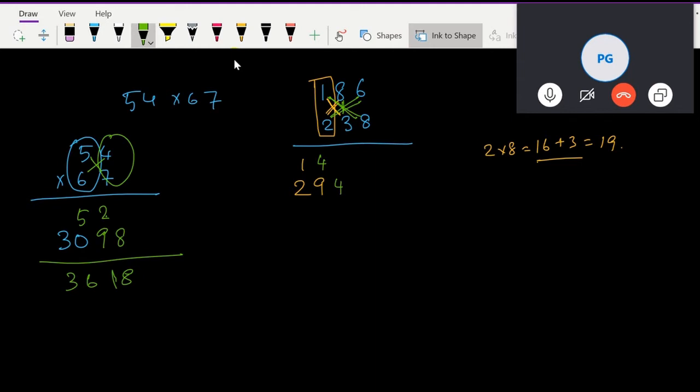Next, we go to 3. 3 into 6 plus 8 into 8, which is 18 plus 64. That is 82. Right? And last is 6 into 8, which is 48.